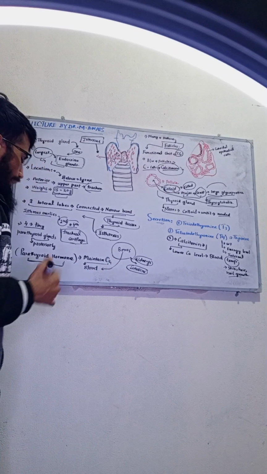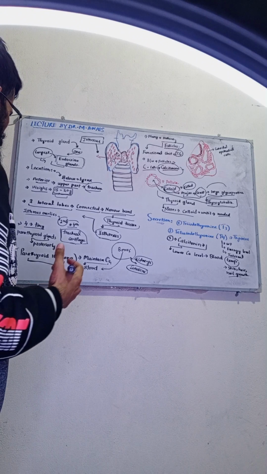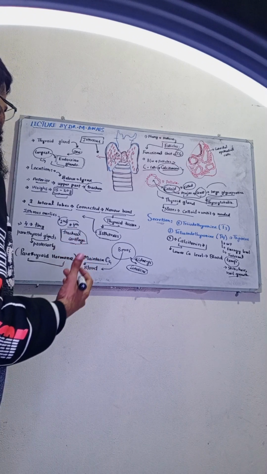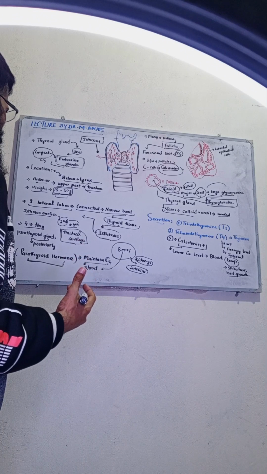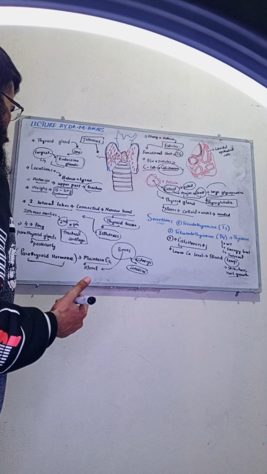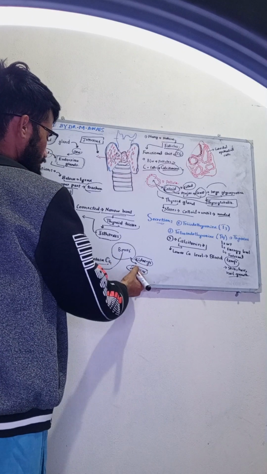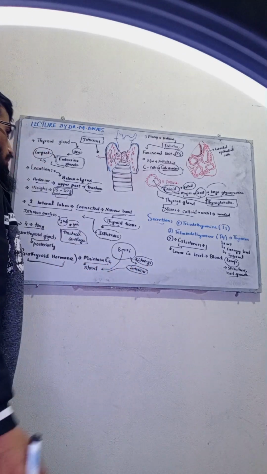How? Whenever the blood needs calcium, it is drawn from the bones, kidneys and intestine.